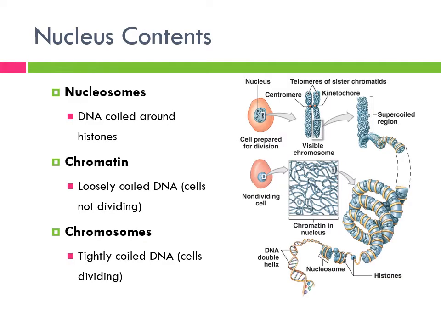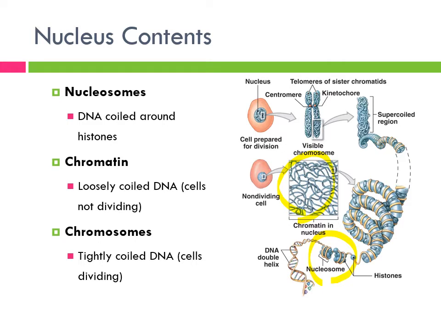Nucleosomes are DNA coiled around histones. Here you can see the histones are those little blue proteins, and our DNA wraps around those, so the DNA wrapped around the histones is termed a nucleosome. Chromatin is loosely coiled DNA.